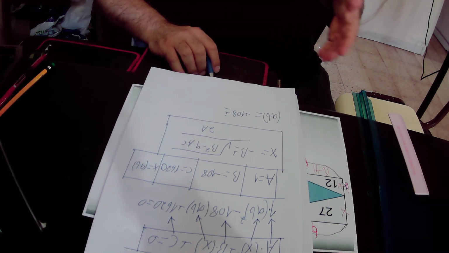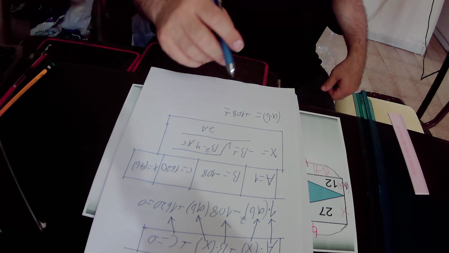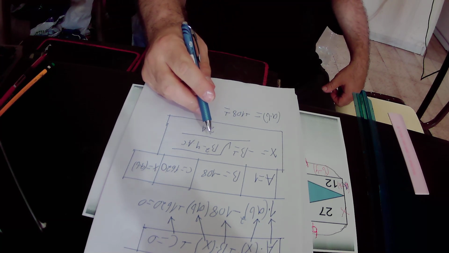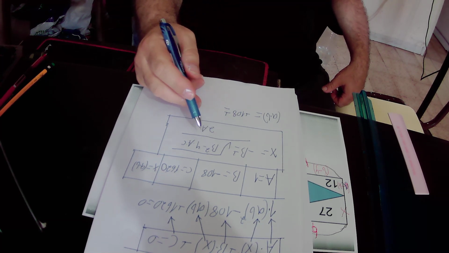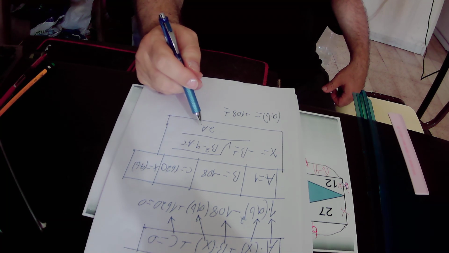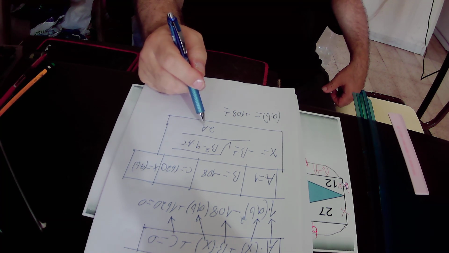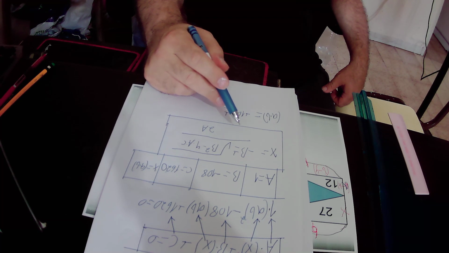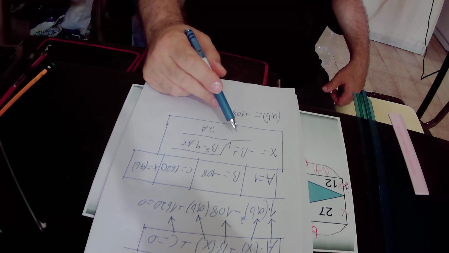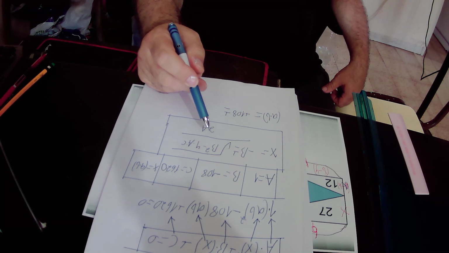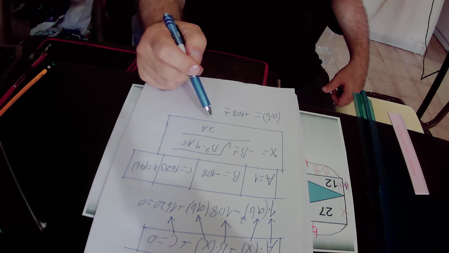So as you can see, we have in the formula plus minus. One solution will be minus b plus the root of b squared minus 4ac, divided by 2a, and the second solution for x will be minus b minus the root of b squared minus 4ac, divided by 2a.